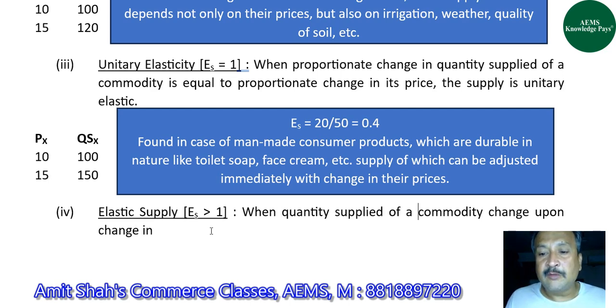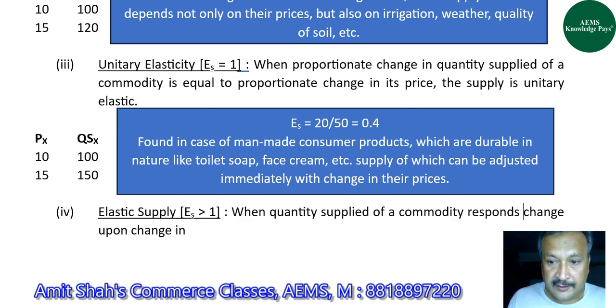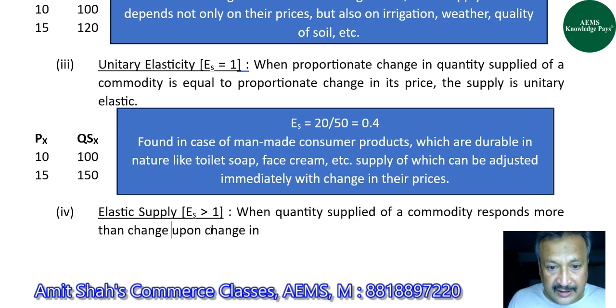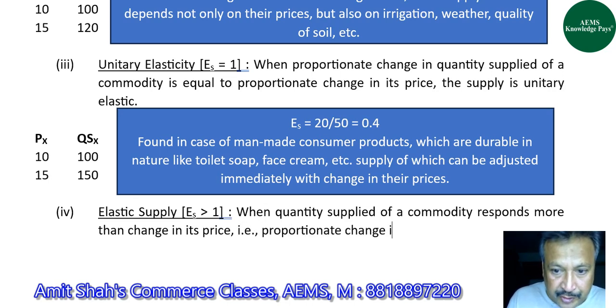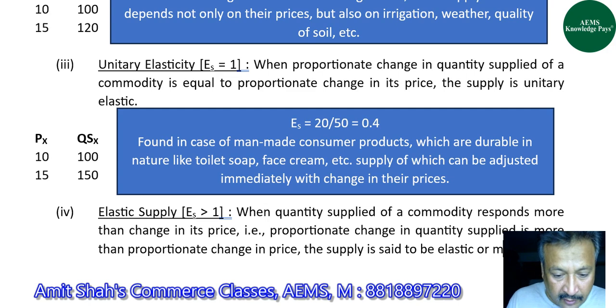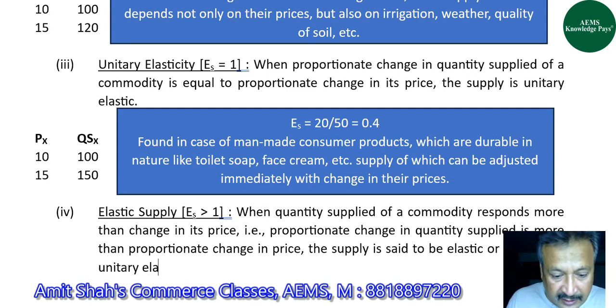So when quantity supplied of a commodity responds more than change in its price, that is, proportionate change in quantity supplied is more than proportionate change in price, the supply is said to be elastic or more than unitary elastic.